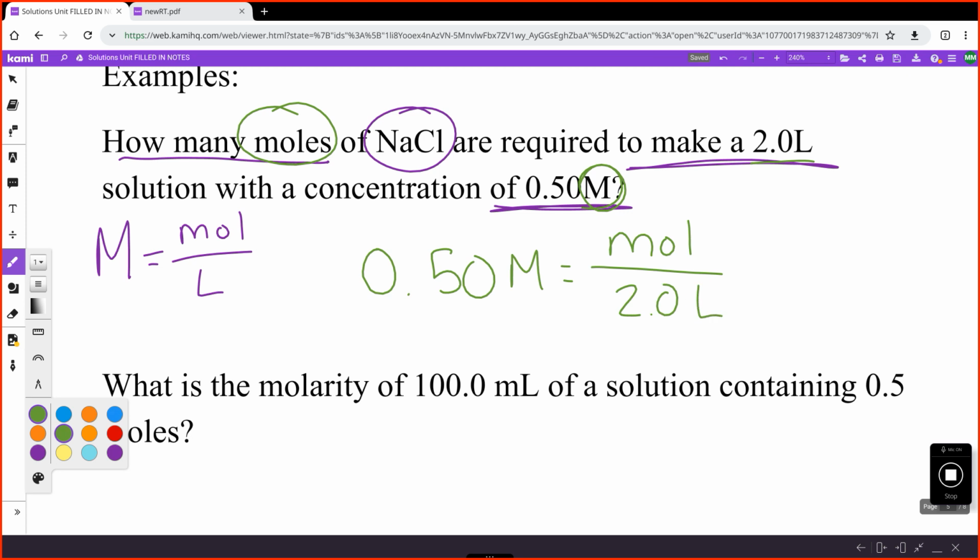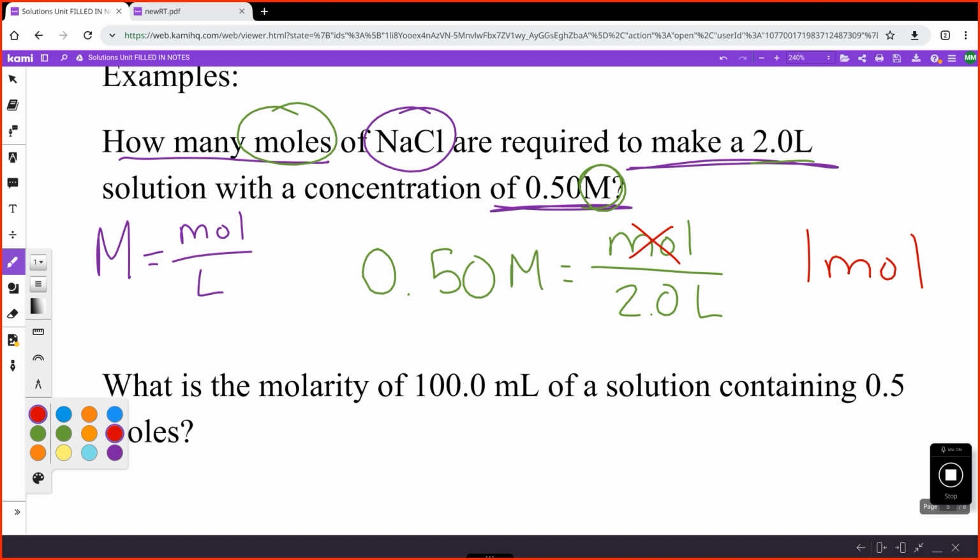So basically your moles would be, if you're more comfortable with an X, that's where your X would go. And we're just going to solve for X by doing 0.5 times 2, coming up with an answer of 1 mole. So a 0.5 molar solution that is 2 liters big must have 1 mole of solute in there.